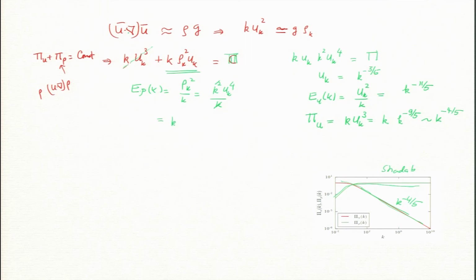What is k uk to the 4? K to the minus 12 by 5. So, k to the minus 7 by 5. So, the density spectrum is k to the minus 7 by 5, not 5 by 3 like a passive scalar. Okay. And you can easily check that pi rho of k, which will come from here, is k rho k squared uk, is constant.